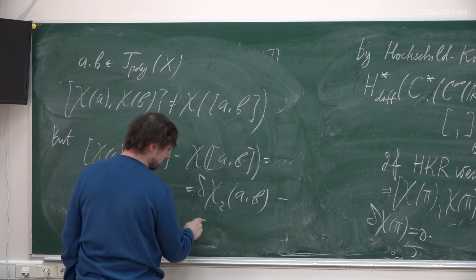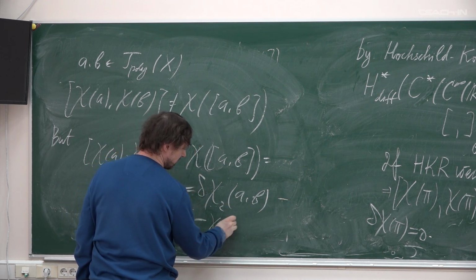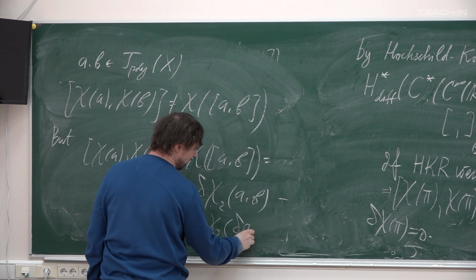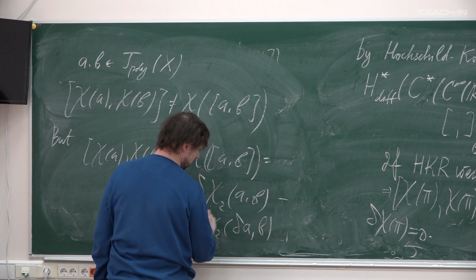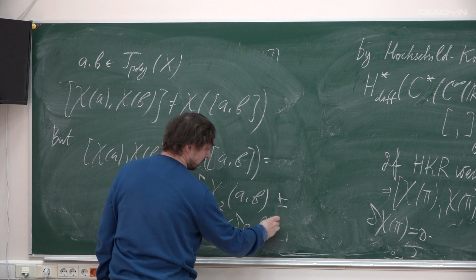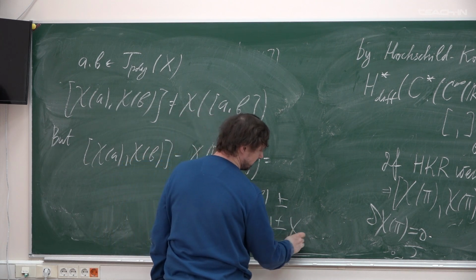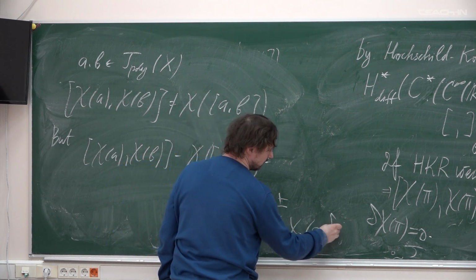And maybe we can also add delta of (A, B), plus or minus chi_2 of A delta of B.